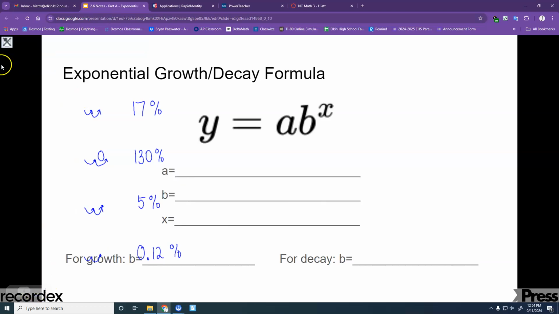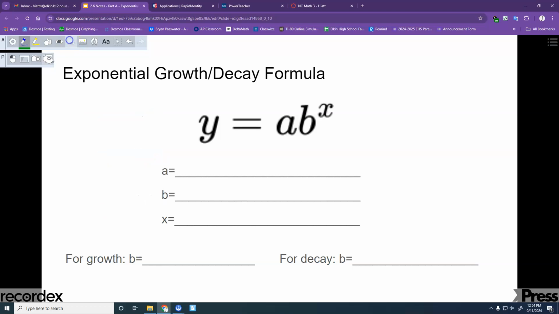Alright, let's look at our exponential growth/decay formula. Today we are only going to do growth problems, but the same formula applies for growth and decay. So the exponential formula that we're going to use is y equals a times b to the x power.